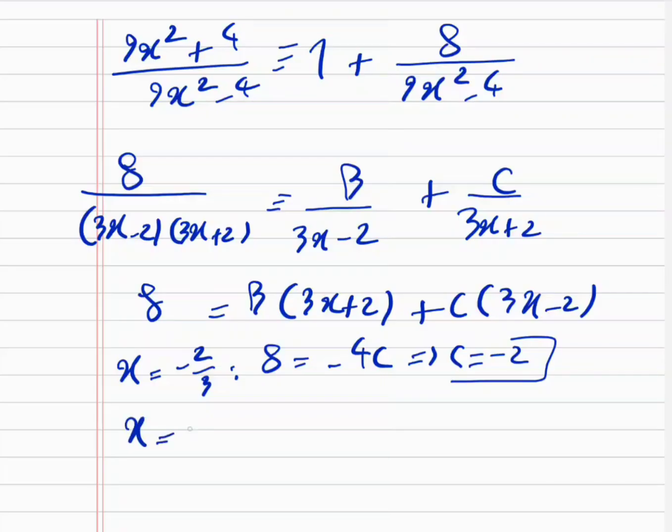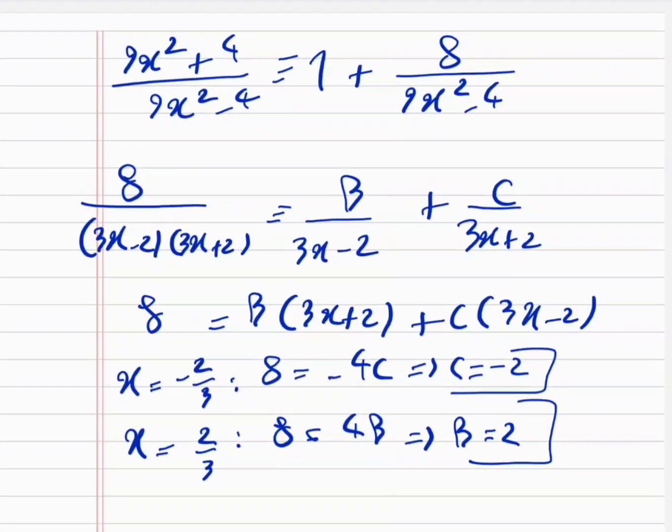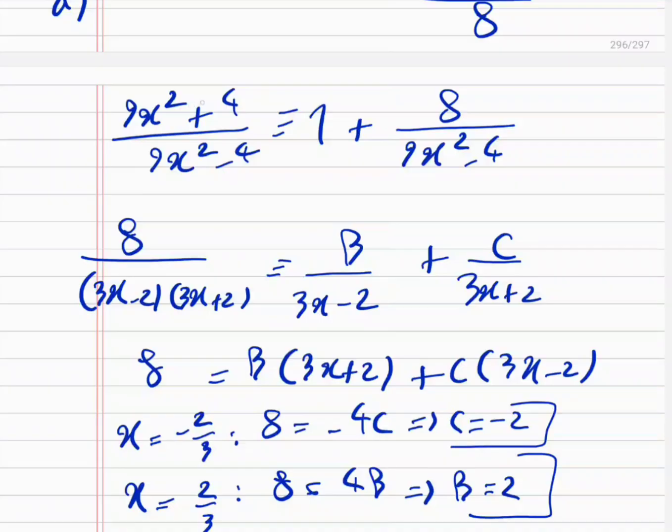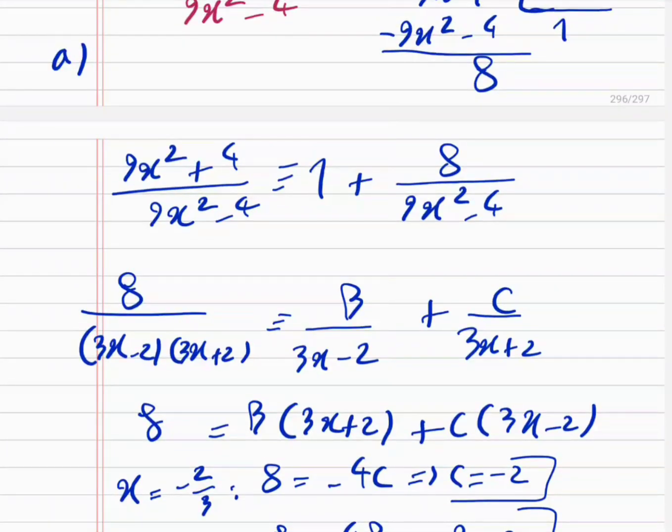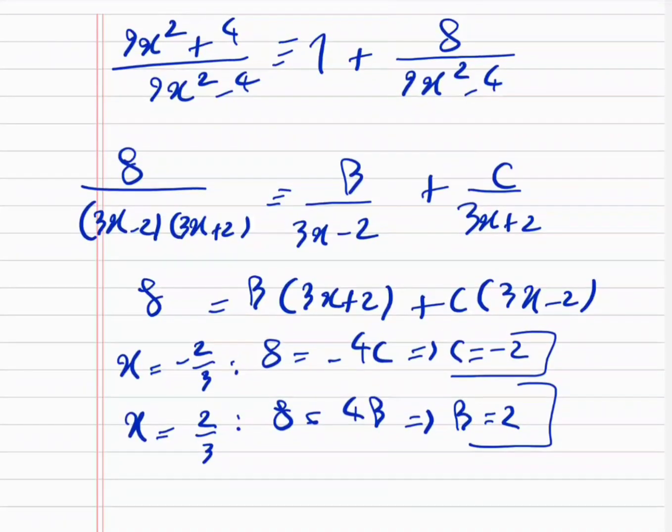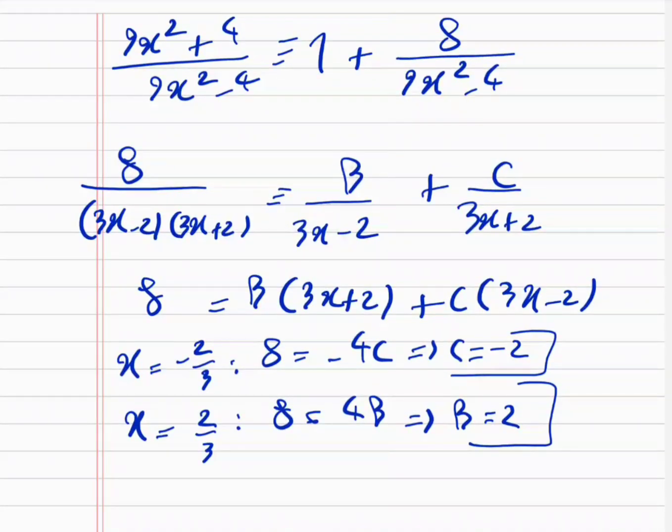Then let x be equal to 2 over 3, because that makes the second bracket equal to 0. So we have 8 is equal to 4b this time, and b is equal to 2. Now remember that we wanted to integrate 9x squared plus 4 over 9x squared minus 4, and we already had 1 from the long division, and these two fractions we have found are included instead of 8 over 9x squared minus 4.